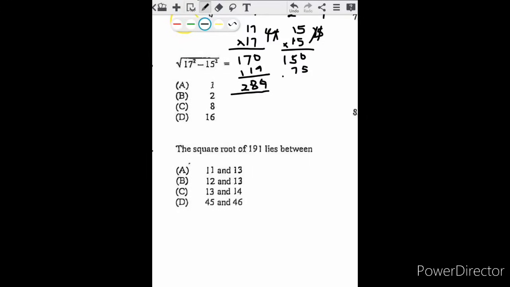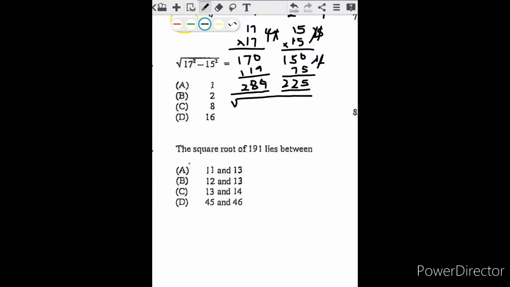Adding those up now, we have 5, and then 7 plus 5 is 12, so we write the 2 in, and then we have 1 plus the 1 outside, which gives us 225.